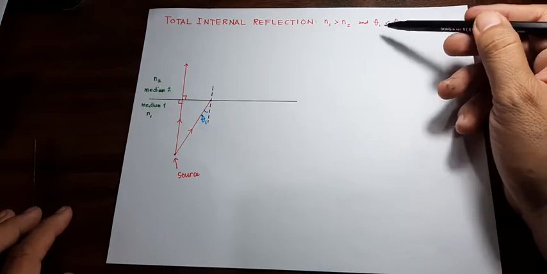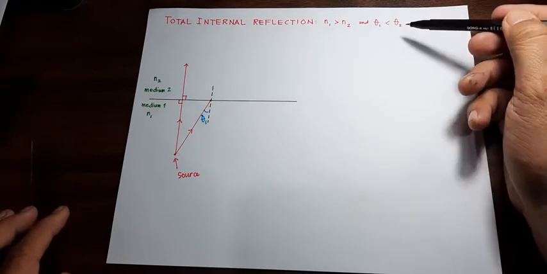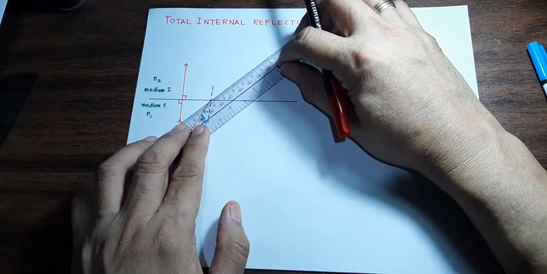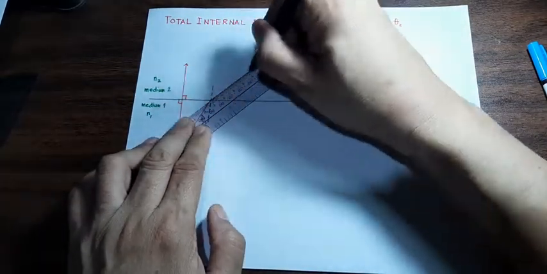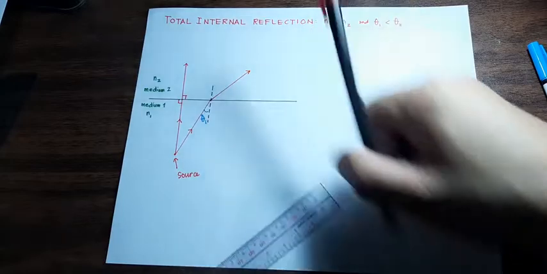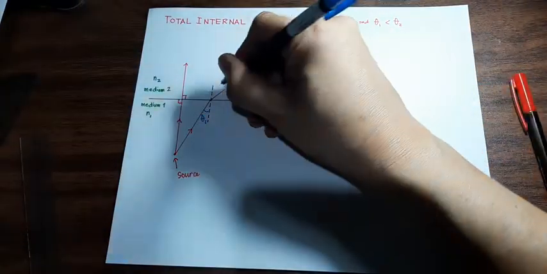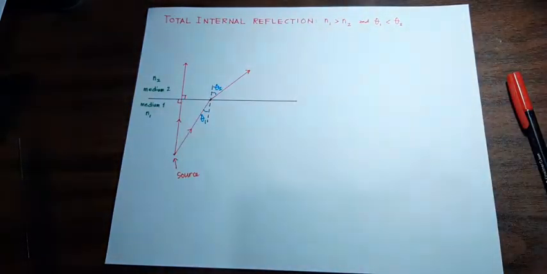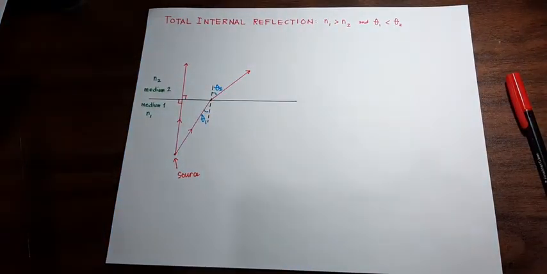Because of Snell's law, angle 1 is less than angle 2, which means that the refracted ray will be somewhere here, and that the angle of refraction is greater than the angle of incidence.